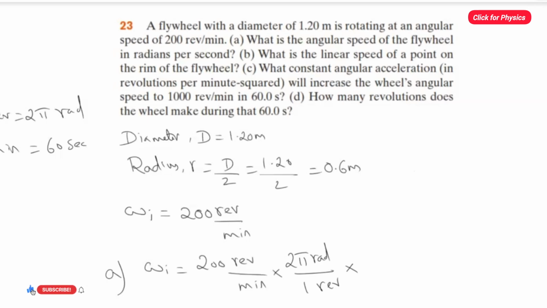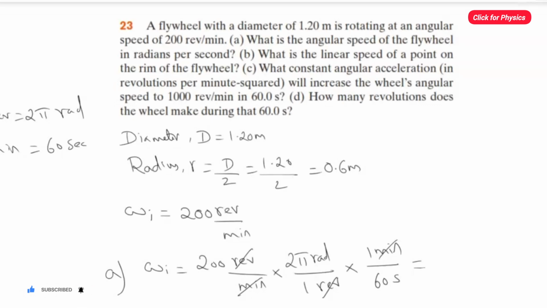And then I have to convert the minute to second. So for that we need the seconds in the bottom, by that only we can get the unit in terms of radian per second. So how I can write 1 minute is equal to 60 seconds. Now you can see a revolution gets cancelled with this revolution, the unit, and then we can cancel minute with minute, and then we can get the answer of omega I in terms of radian per second.